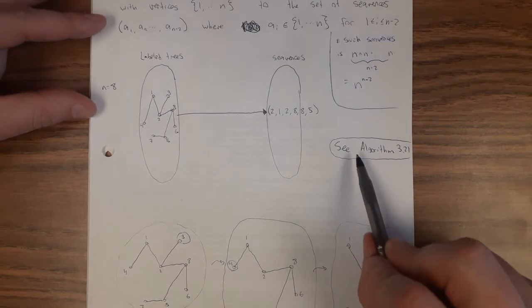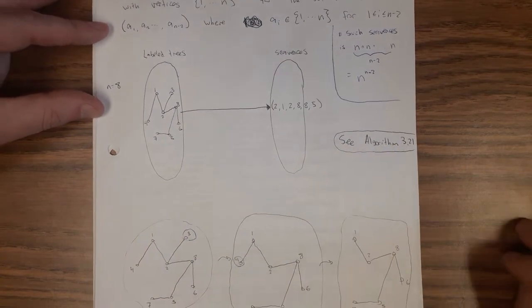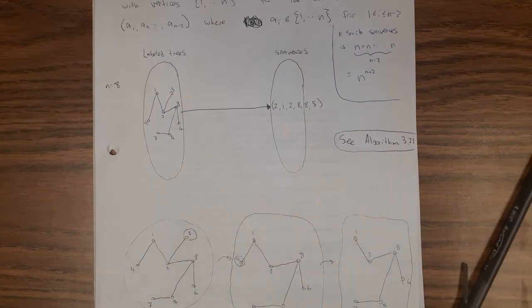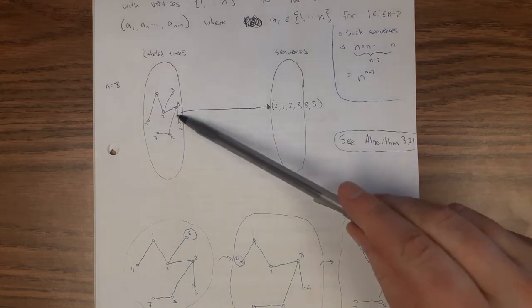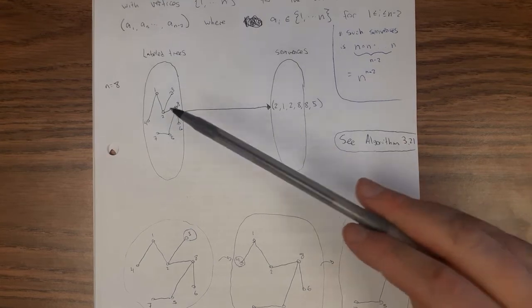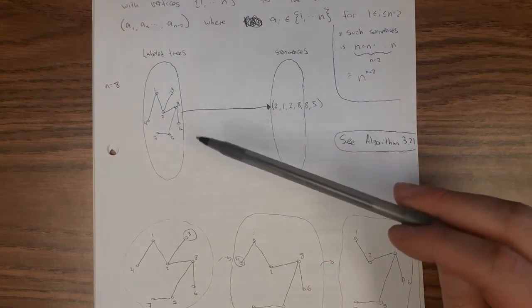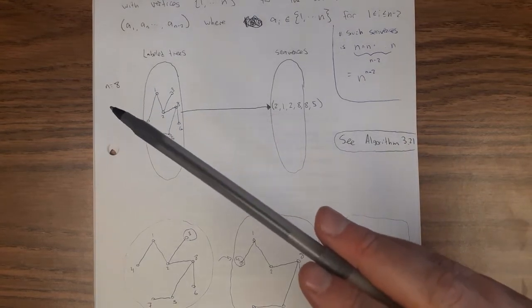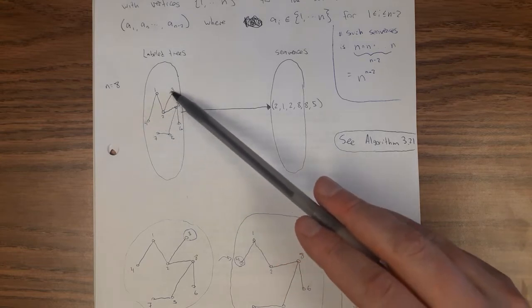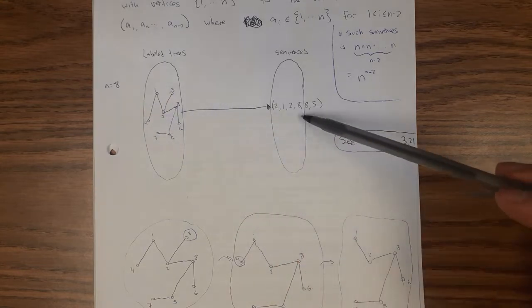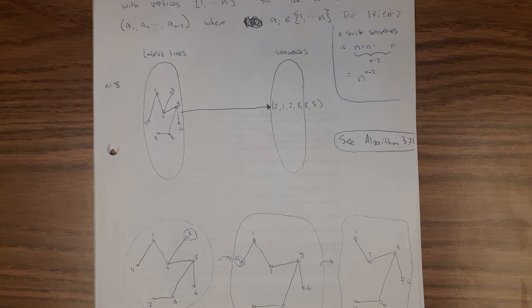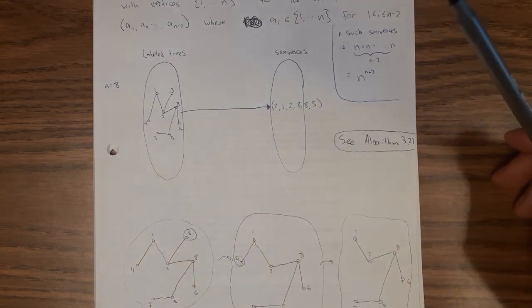But this algorithm is a description of what we're really doing. It's not that hard, though. Let me describe what we're doing. In order to describe this function, I have to describe a way of, basically, you give me the tree and I will give you the sequence. I'm going to describe how you come up with the sequence given the tree.